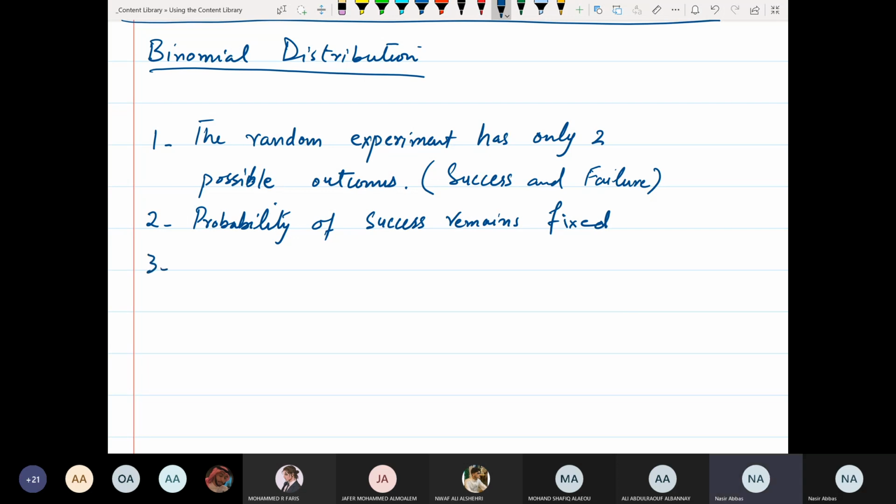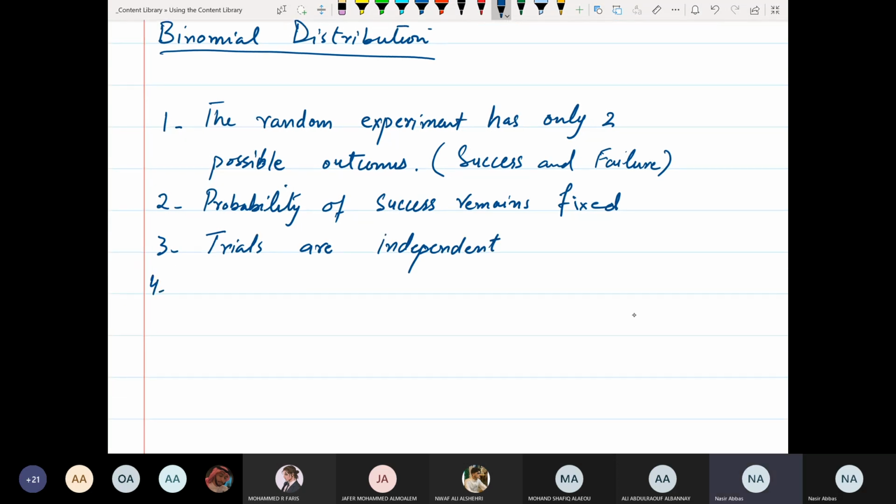Number 3, trials are independent. I will explain the meanings of these 4.